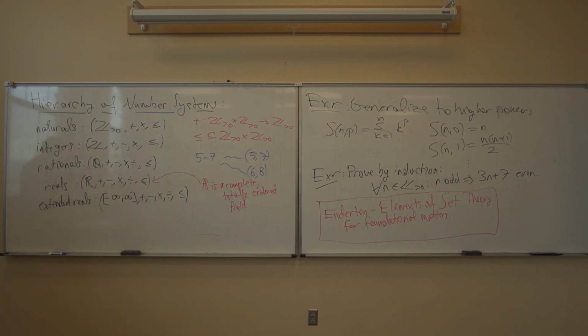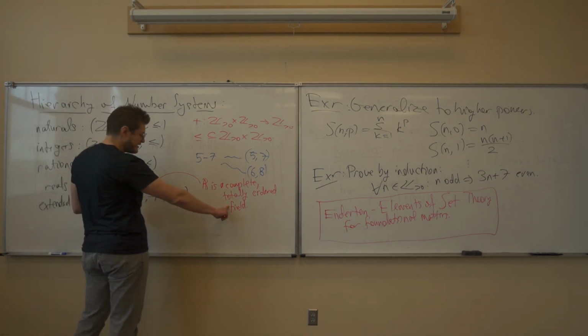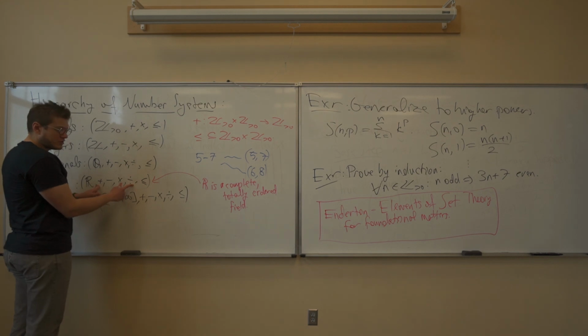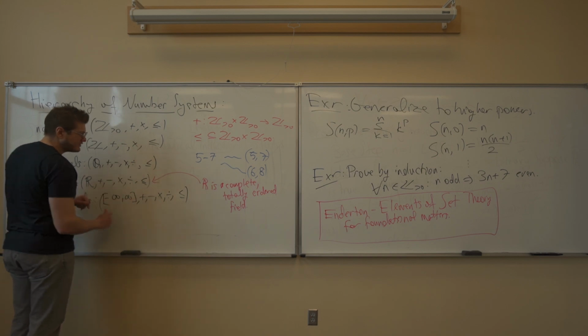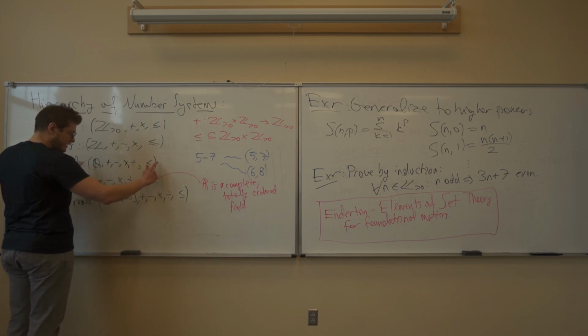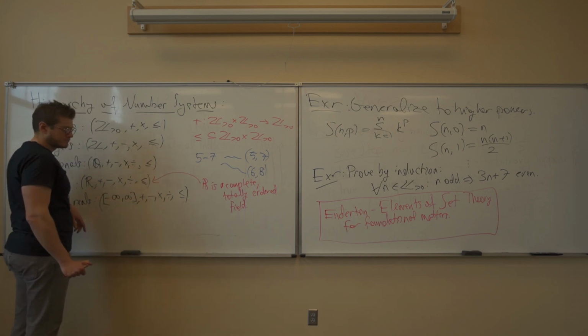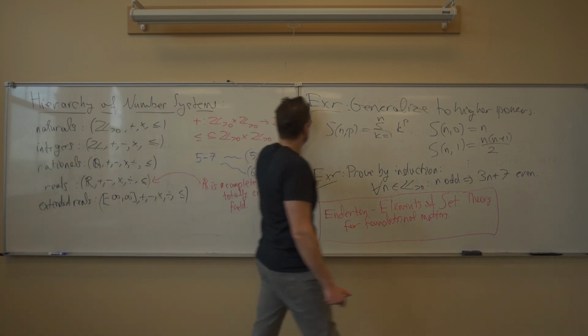The word field is about these four operations. Totally ordered is about this. Completeness is what distinguishes the rationals from the reals. Maybe I should write that down.